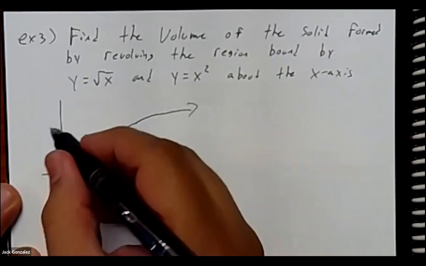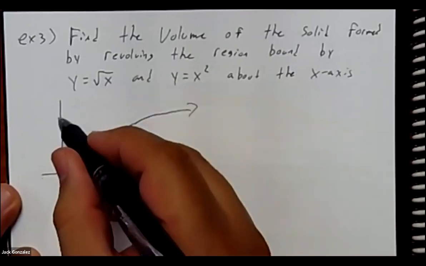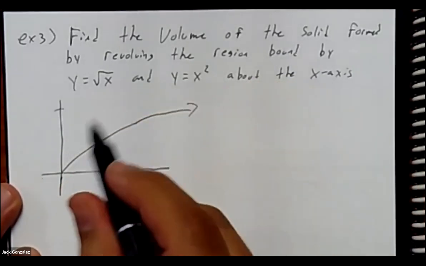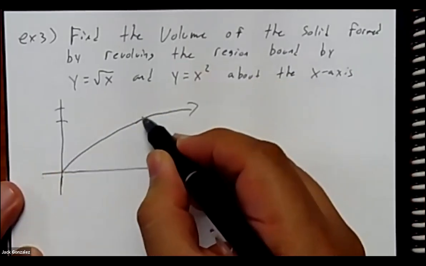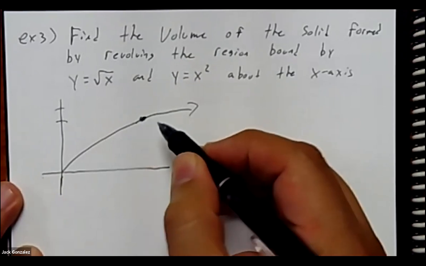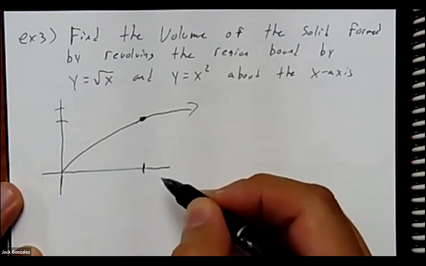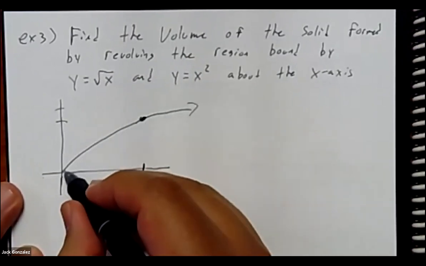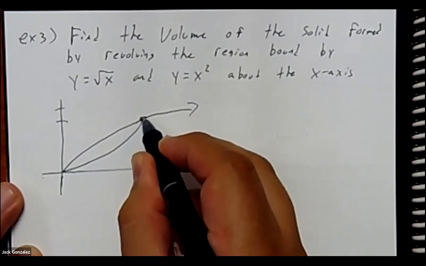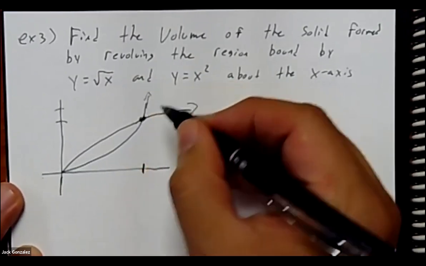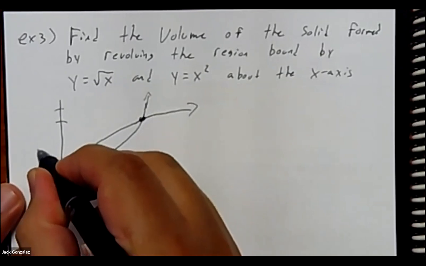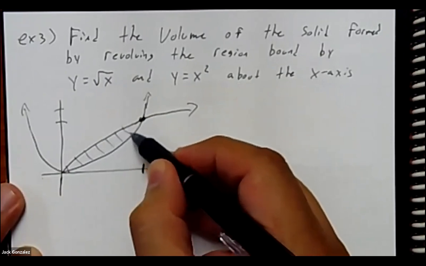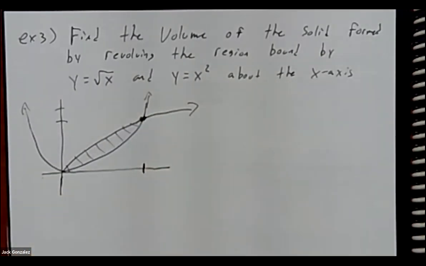Let's say one's about here. Square root of 1 is 1. Now, 1 squared is also 1. And this function keeps going, technically in both directions, but it doesn't look like I need this left side. Here's my region.